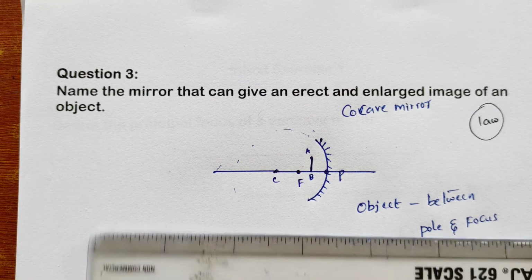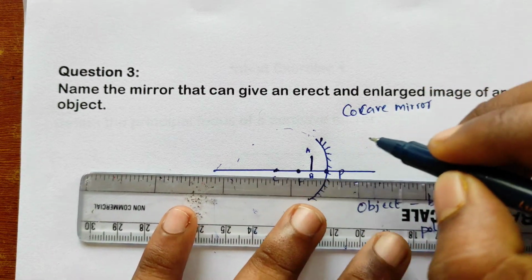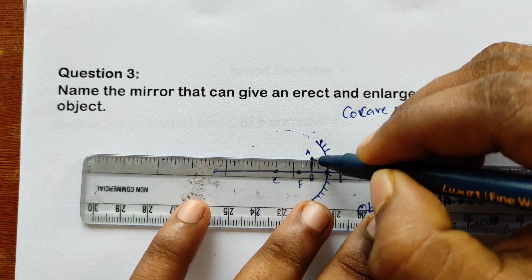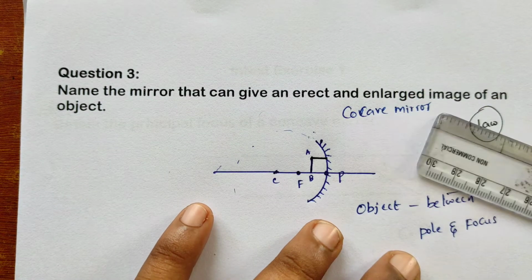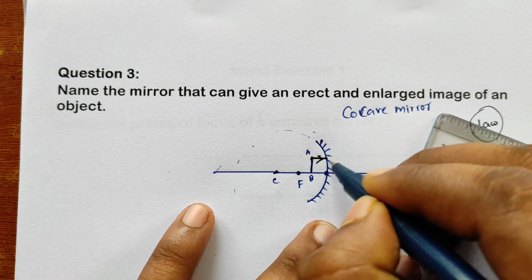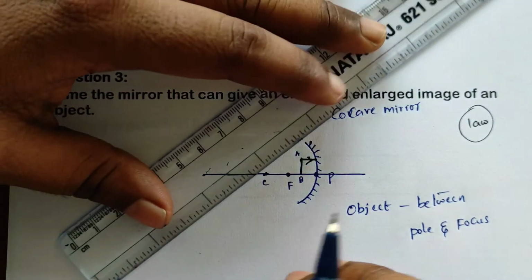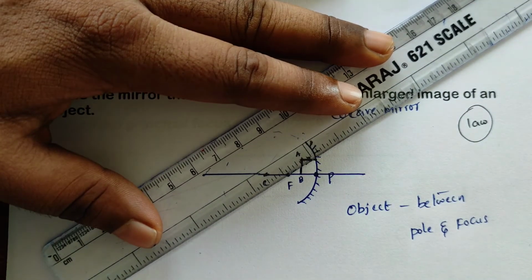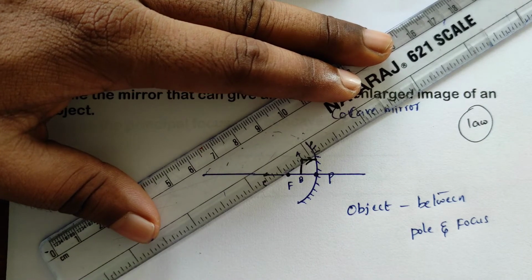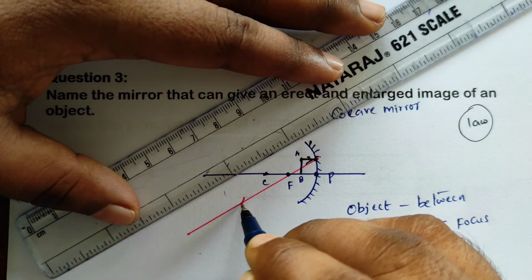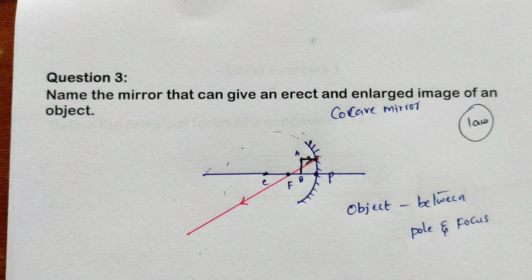The first law: the ray passing parallel to the principal axis, after reflection, will go through the focus. It will go like this. This is the first law.